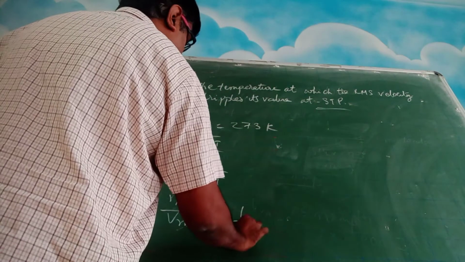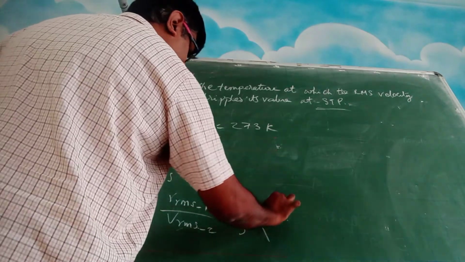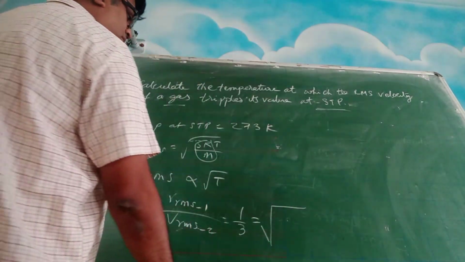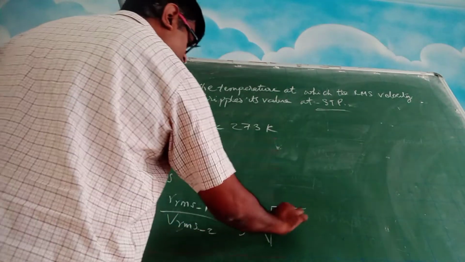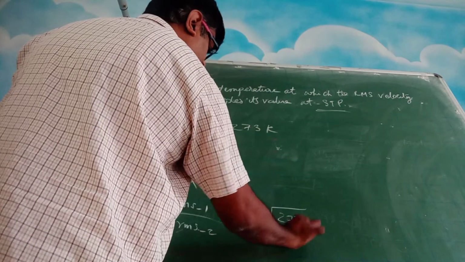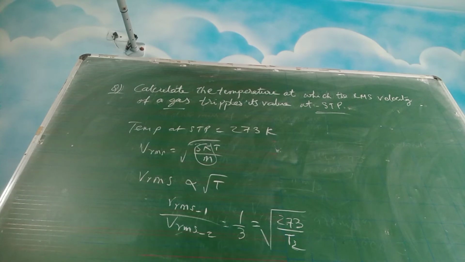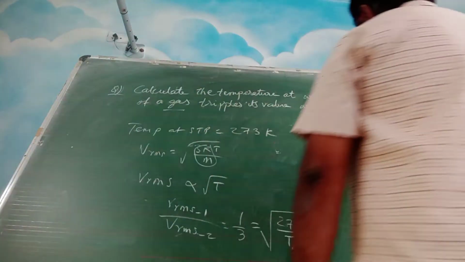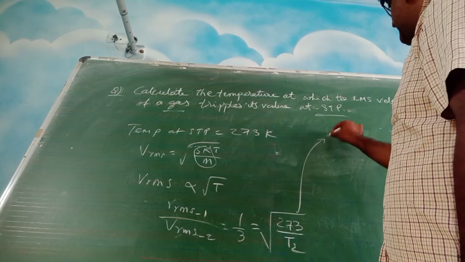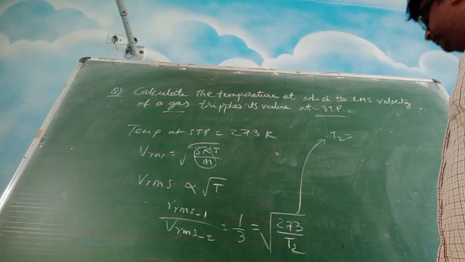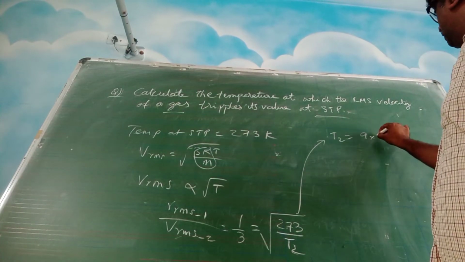So it is 1 upon 3, which is equal to root over T1 by T2. T1 is 273. You have to find T2. Okay, so square it on both sides. You will get T2 is equal to 9 into 273.